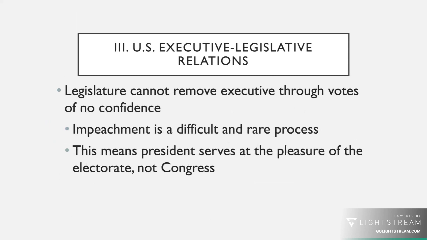So in effect, this really reinforces that the U.S. president, as in any presidential system, serves at the pleasure of the electorate, the voters, not Congress. And if people are unhappy with a president in a presidential system, the best route, or the most common route, clearly, is not to try to get him or her removed through the legislature, but through the vote, through elections.